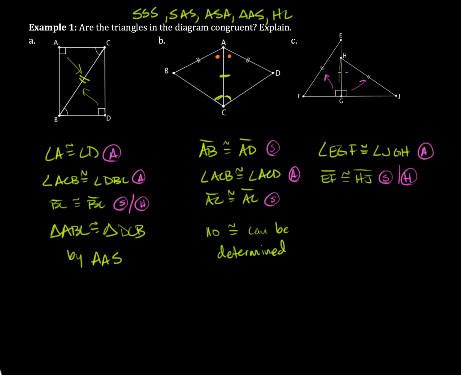So even though they are back to back, they're not sharing any complete sides or any angles, right? They're sharing part of a side, but not any complete sides. So this looks like all I have. I have one pair of angles, one pair of sides, or just the hypotenuses if I'm looking at HL. So on this one, I also have to say that no congruence can be determined.